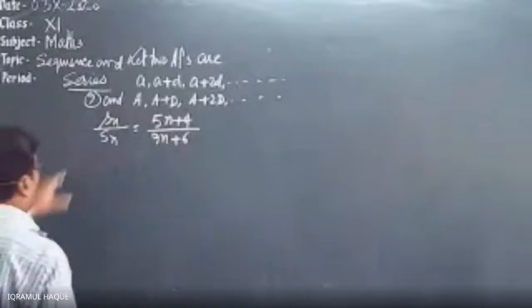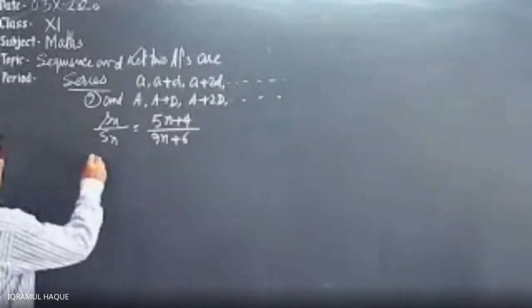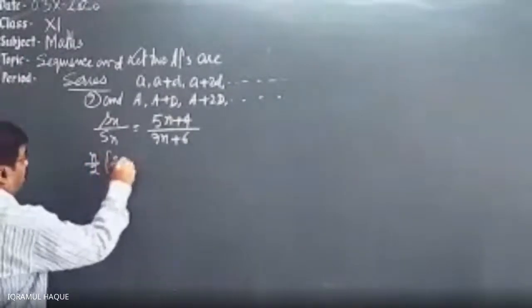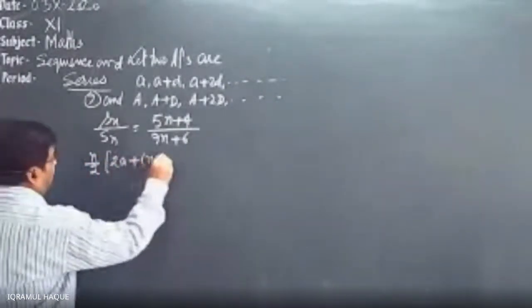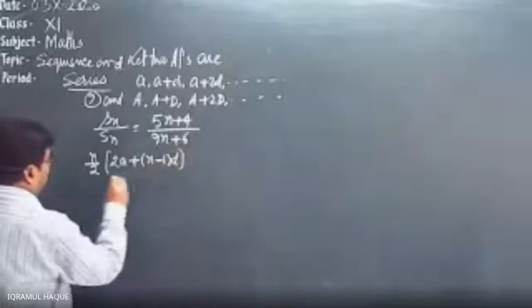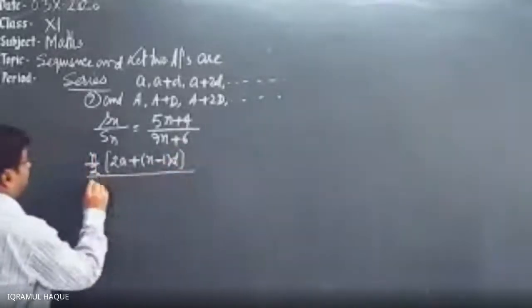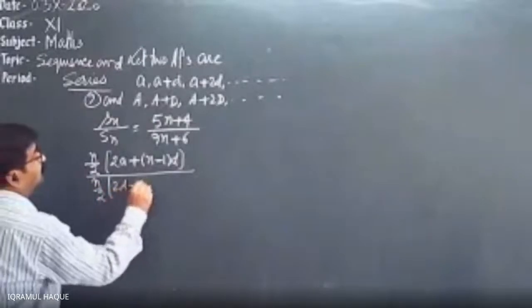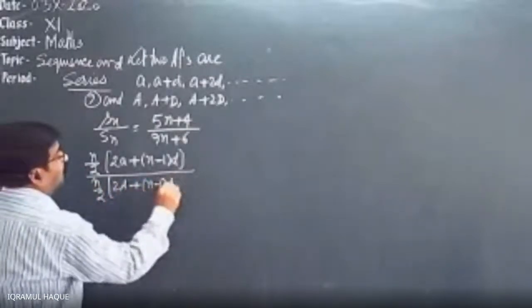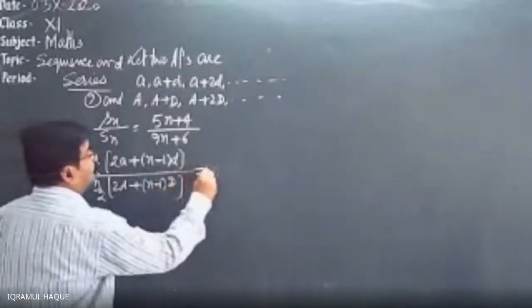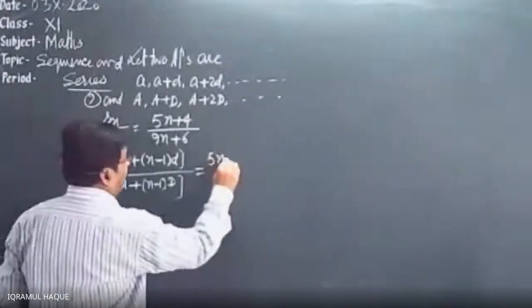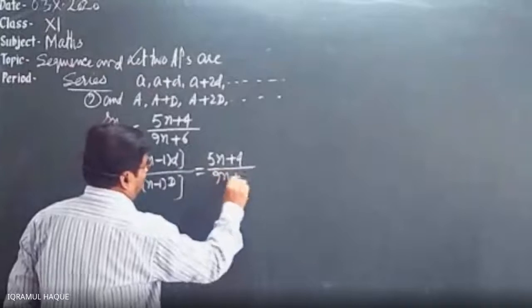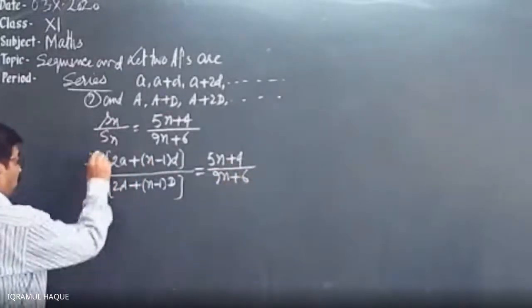Let's write the formula for these two APs. This is, n by 2, 2a plus n minus 1 into d upon n by 2, 2A plus n minus 1 into D is equal to 5n plus 4 upon 9n plus 6. This n by 2 will go.